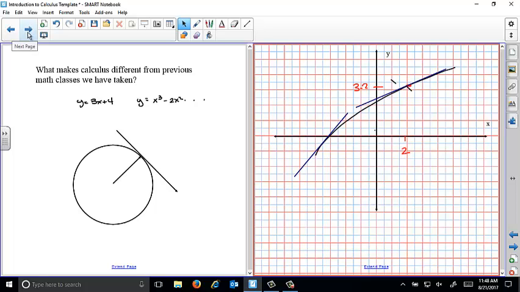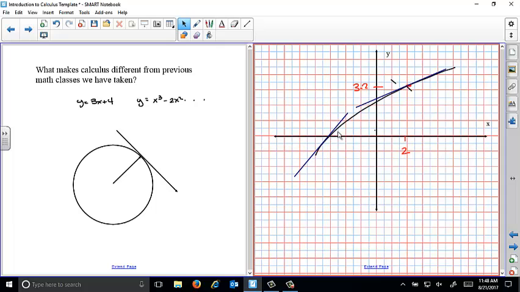And where is this important? Well, it's important in engineering, physics, and also business. From an engineering or physics standpoint, if this curve is a function, the displacement as a function of time, the slope of the tangent lines is indicative of speed or velocity.